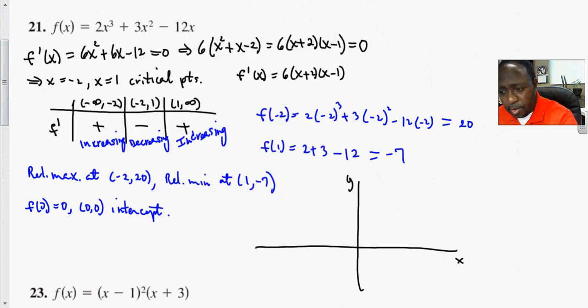Let's see, maybe graph in red. All right, so we know it touches down at the origin. We have a maximum at negative 2, 20. Then we have a minimum at 1, negative 7.